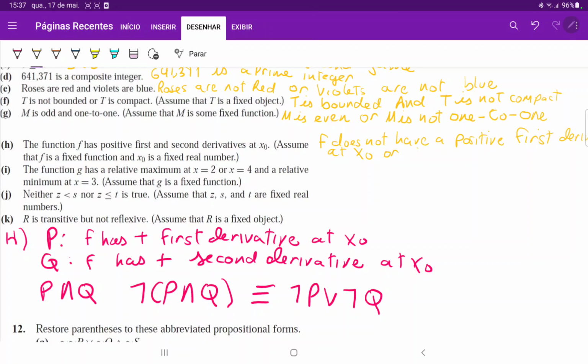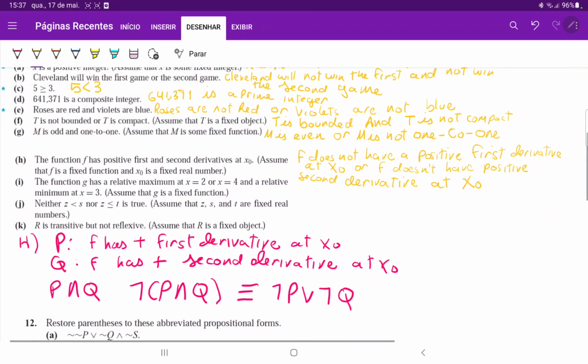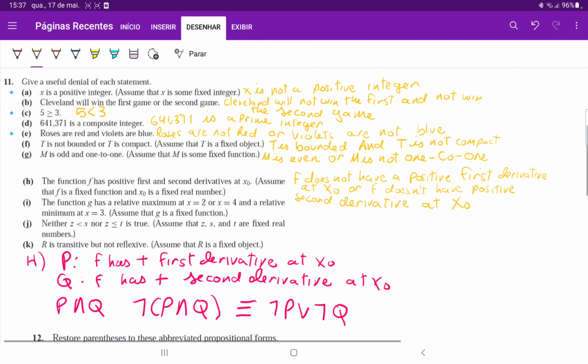Or f doesn't have a positive second derivative at x naught. Yeah, let me just zoom that out, right?